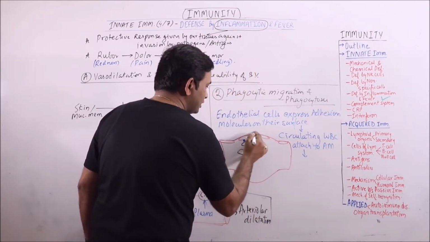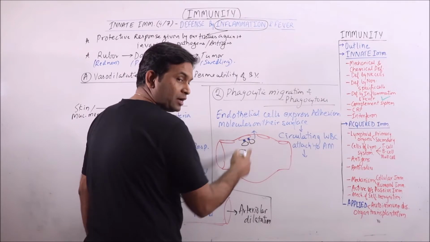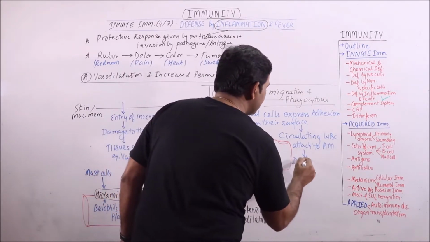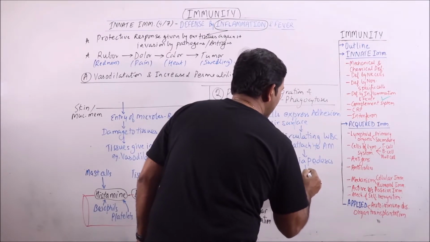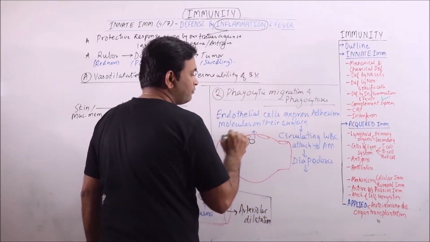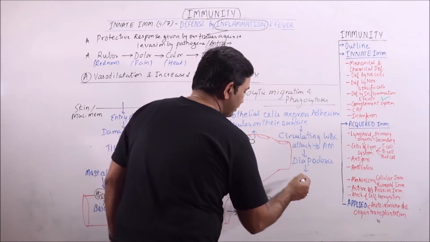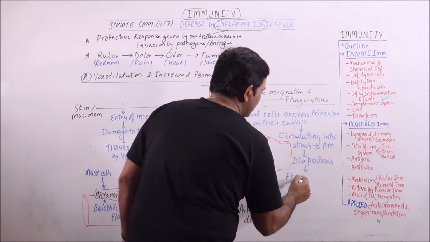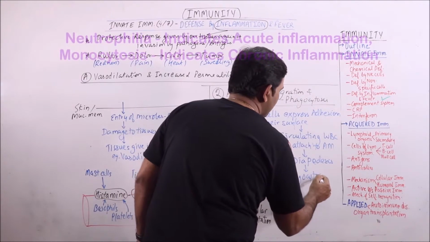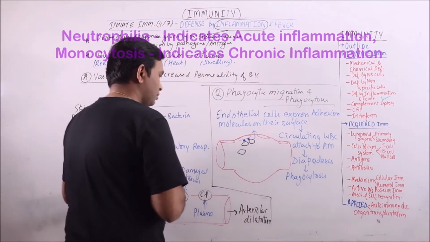Then gradually they will come out of the blood vessel, and that is known as diapedesis. And finally, under the influence of chemicals, they will move towards the pathogen or antigen and perform the phagocytosis there.